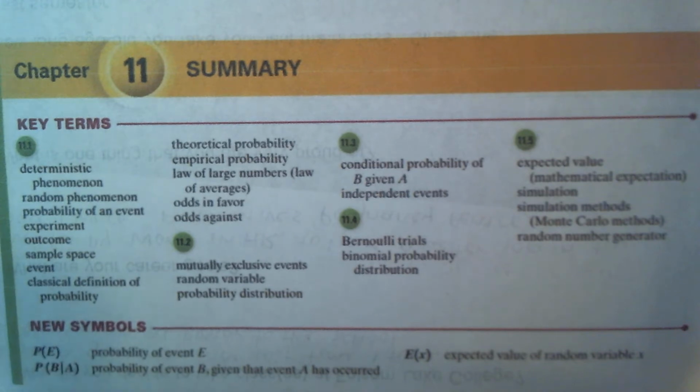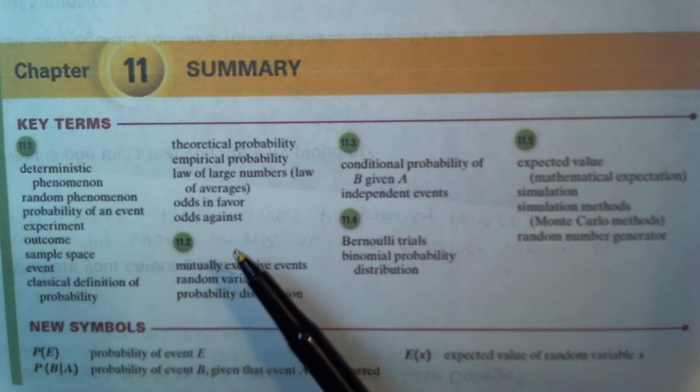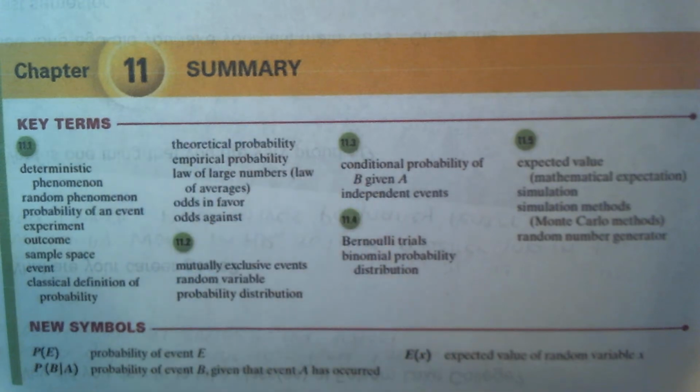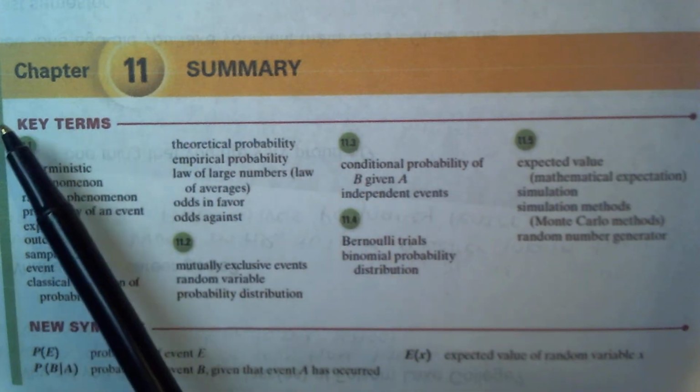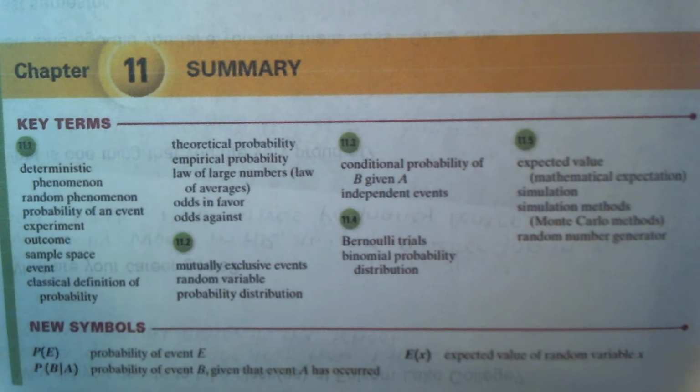Also, there are typically new symbols involved, and you also have those in the summary. There are more items than what you're looking at here right now, but the key terms make that a high priority, because otherwise it'll be very difficult for you to understand what the words mean.